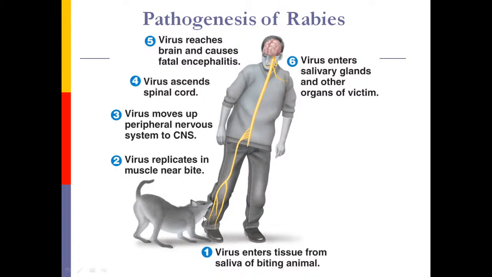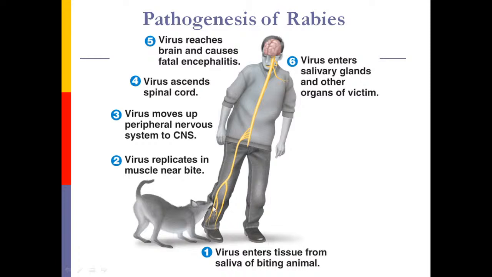In the saliva of an animal infected with rabies, there are a lot of viruses, a lot of lyssavirus. So virus enters the tissue in biting sites with saliva. Then in the second stage the virus replicates in muscle near the biting site, near the bite.